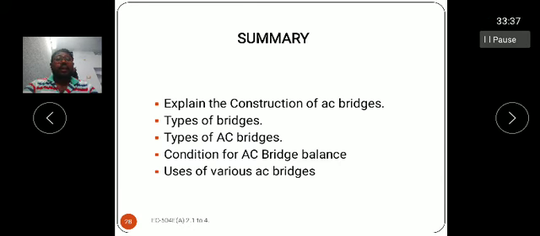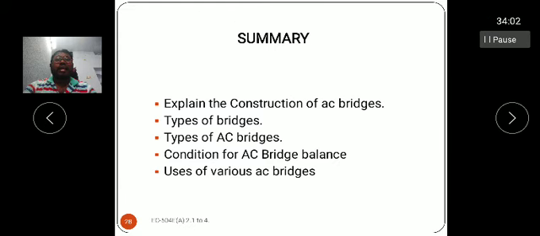In AC bridges, the excitation source is an AC supply, a sinusoidal voltage source. The alternating current generated by the supply passes to the circuit. The four arms are connected in a diamond or bridge shape, with impedances in between.